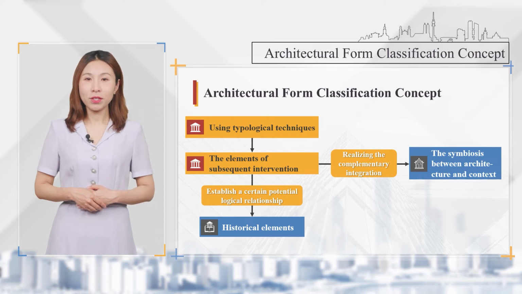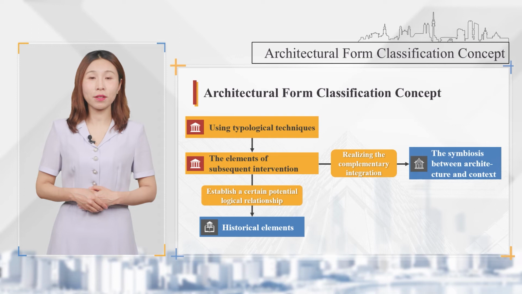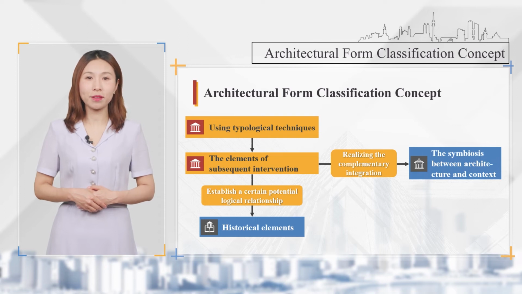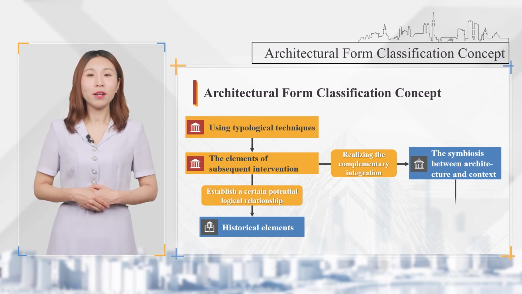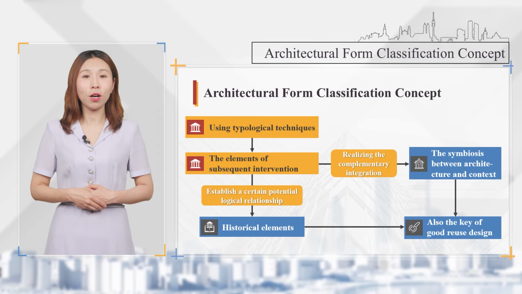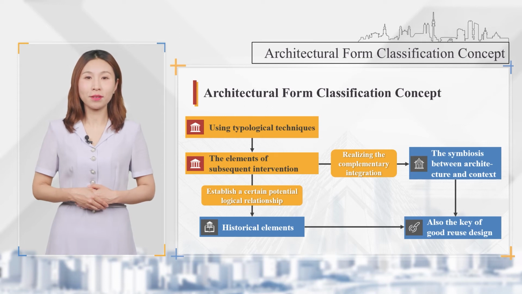The recreation in the historical environment must be connected with the historical environment, no matter the integration or the contrast. The form between new and old buildings must reach the harmonious state to realize the symbiosis between architecture and context, which is also the key of good reuse design.